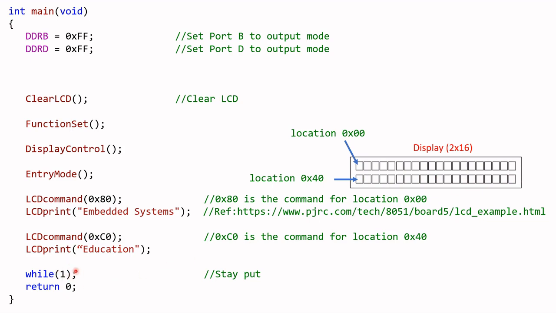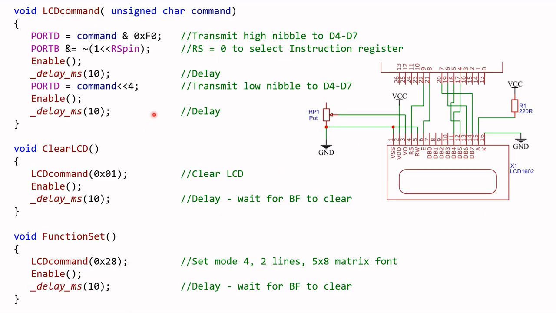And here, once you get to this point, the program will stay here forever. As I mentioned earlier, I define RS pin as a value of 1. And so in the LCD command function, I'm using it to set that bit 1 to 0.